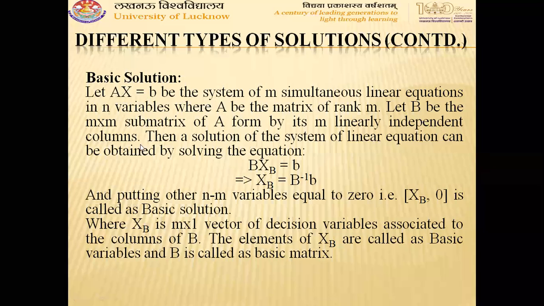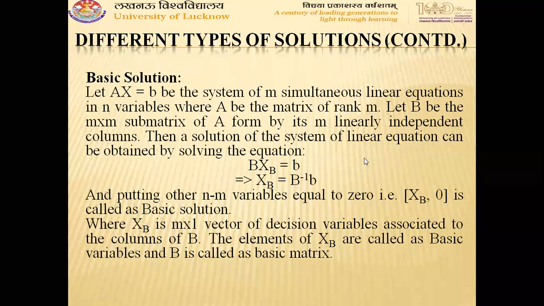And let B be the m cross m submatrix of A formed by m linearly independent columns of matrix A. That means we select m columns of matrix A which are linearly independent, then that is said to be matrix B. And we take a vector xb which is obtained from x. It is the vector of the variables which are associated with the columns of B.